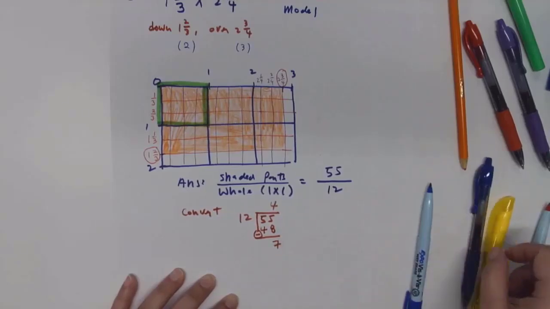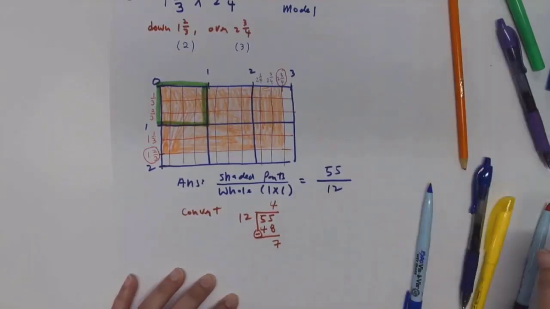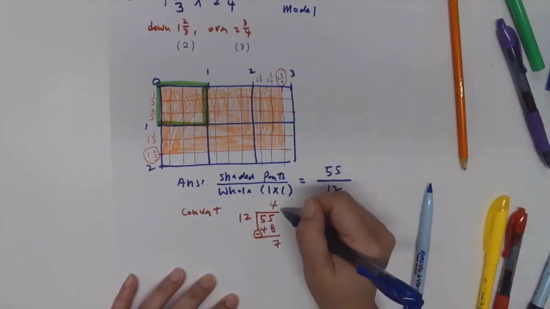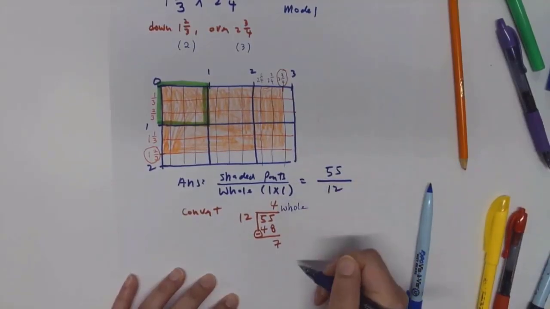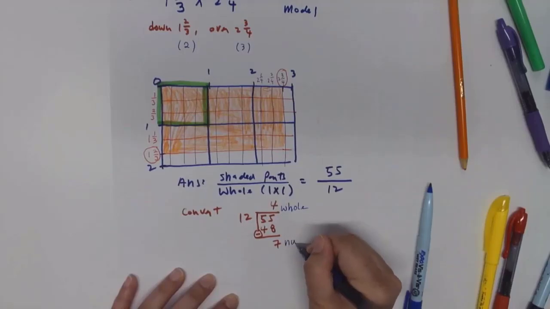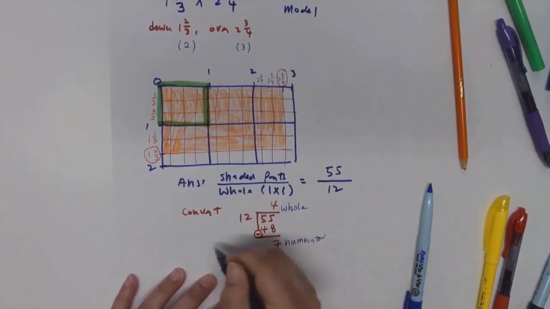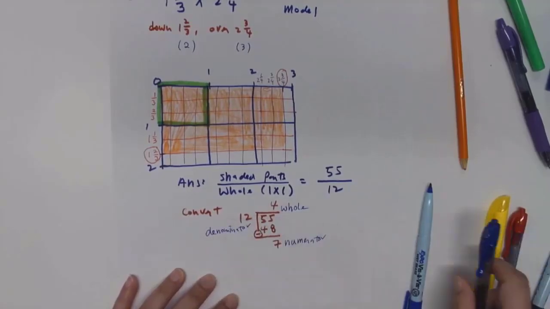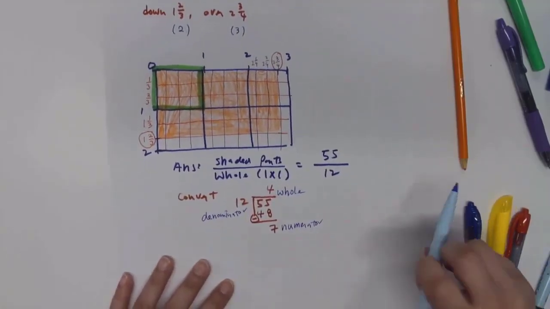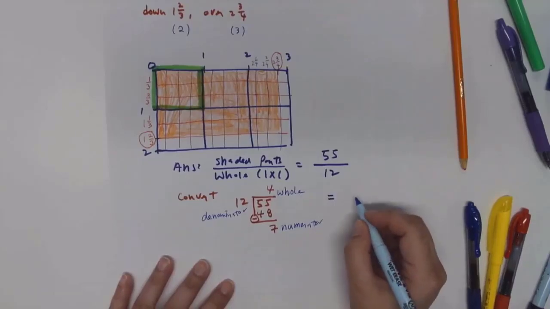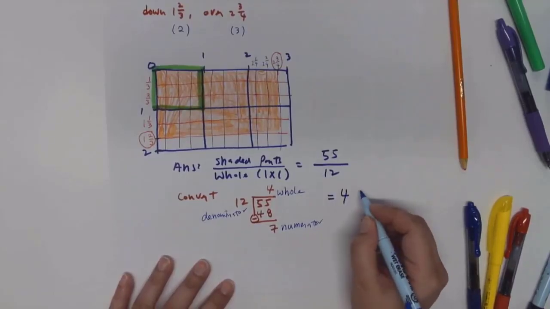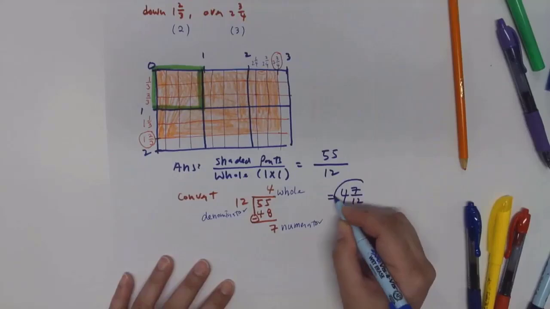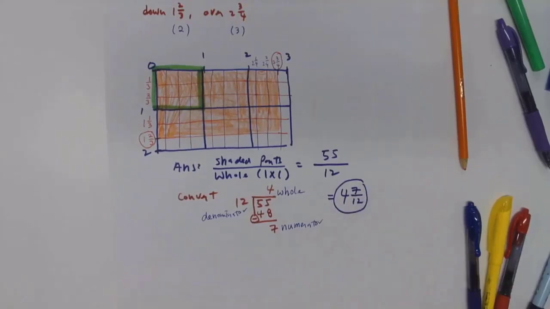My 4 is my whole number. Today is the first time I'm doing it, so I'm going to spell it out. Whole number. 7 is the numerator. 12 is the denominator. So when I write the answer, the final answer is 4 and 7/12.